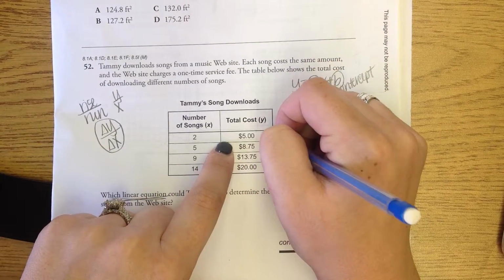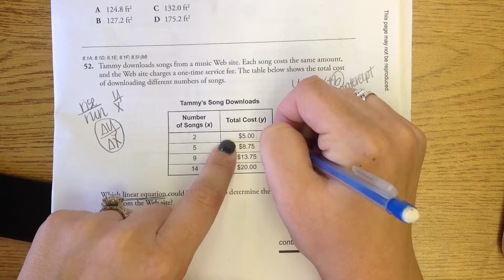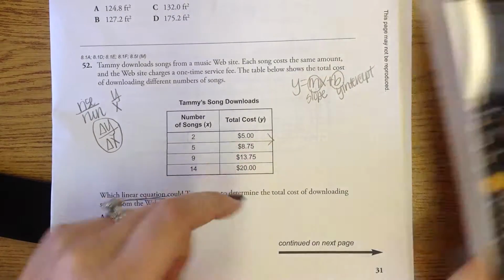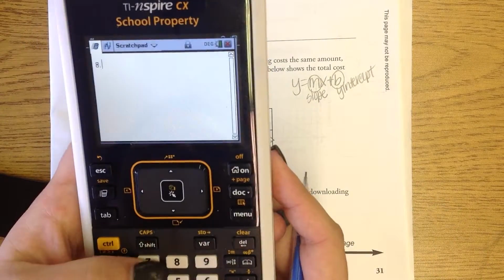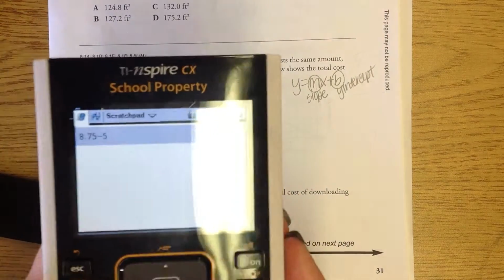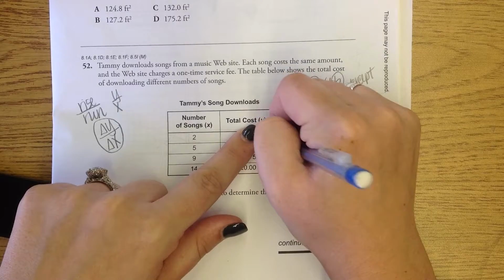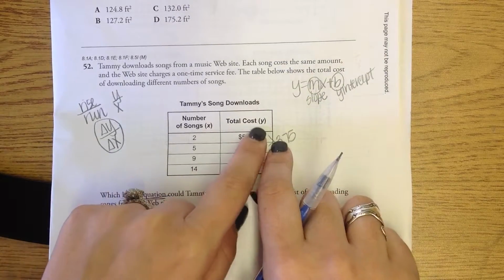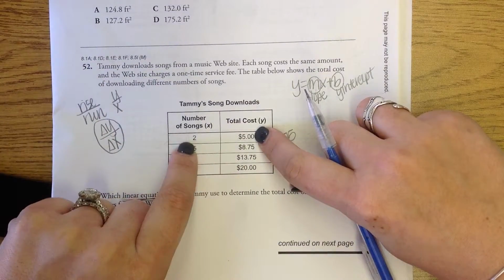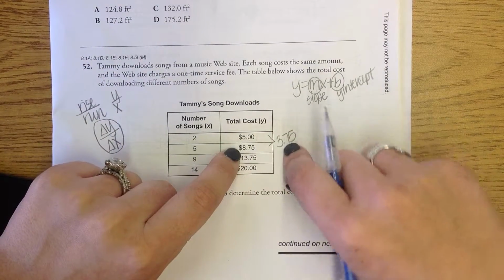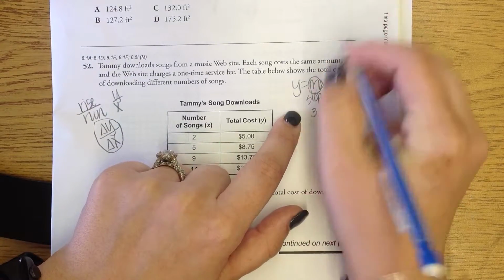So we'll start from the top. From 5 to 8.75, how does the cost change? Using your calculator, you do the subtraction, and you would see that it increases by $3.75. This is our change in y, so I can put that in the top.